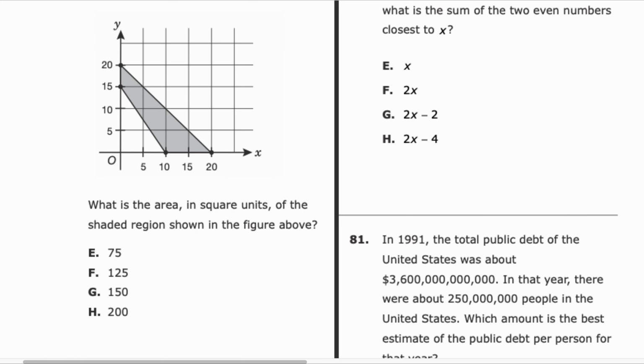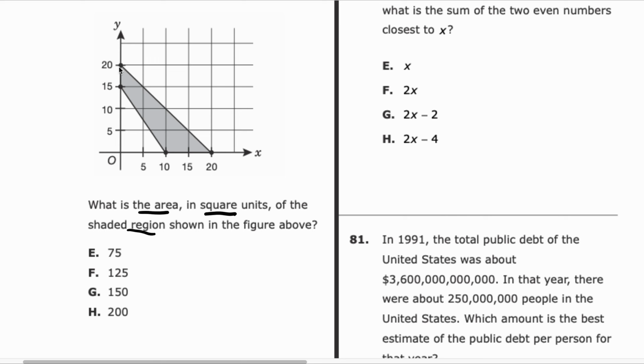All right, so 78, we have a shaded area, and we're being asked what this shaded area is. Okay, so what is the area in square units of the shaded region in the above figure?